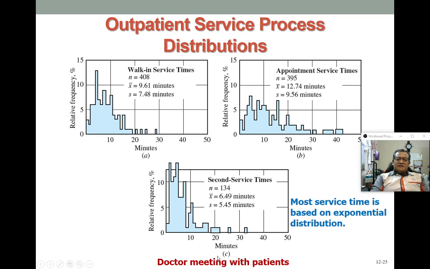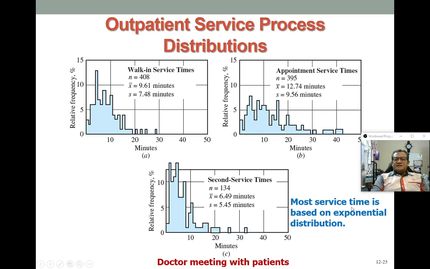However, type C is a second-time service visit, which is a repetitive visit. The total number of patients they could see is 134, with lesser time: the average waiting time is 6.5 minutes, and service per patient is about 5.45 minutes.